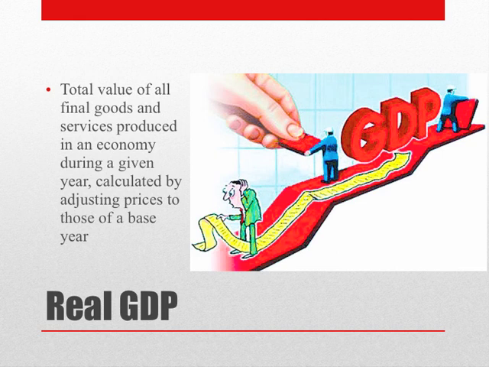Why? Because prices are higher. So we don't know if it's higher because prices are higher or because we're actually producing more final goods and services. There's no way to tell when you compare nominal GDP numbers from different years. That's why we have to adjust and use prices of a base year.